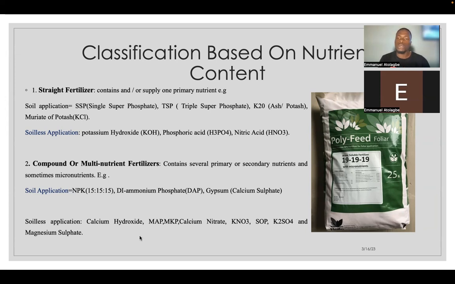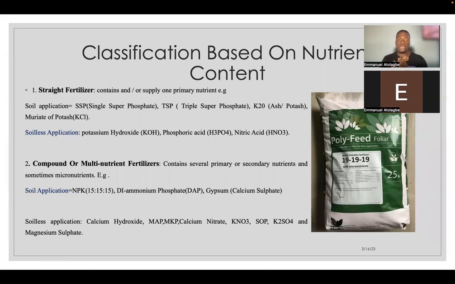If you check the picture associated with this slide, this is a common fertilizer, 19-19-19. It could also come in the form of 15-15-15. This is a typical polyfeed fertilizer, a multi-nutrient fertilizer. But in straight fertilizer, unlike having 19-19-19, you will just have one nutrient. That is, it is supplying one nutrient.